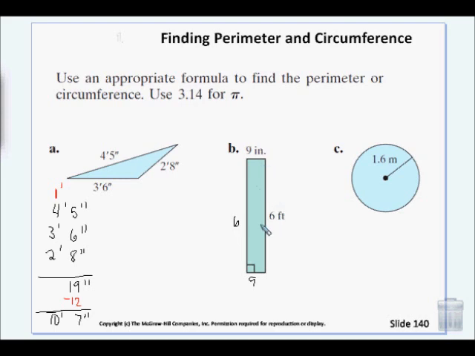So I can still do that, 2 times 9, but I'm going to need to do a little bit more work with that. I'm going to actually put my units in. This is going to give me 18 inches, and this is going to give me 12 feet. But 18 inches is 1 foot 6 inches, right? So I'm going to put that over here. 18 inches is equal to 1 foot 6 inches.